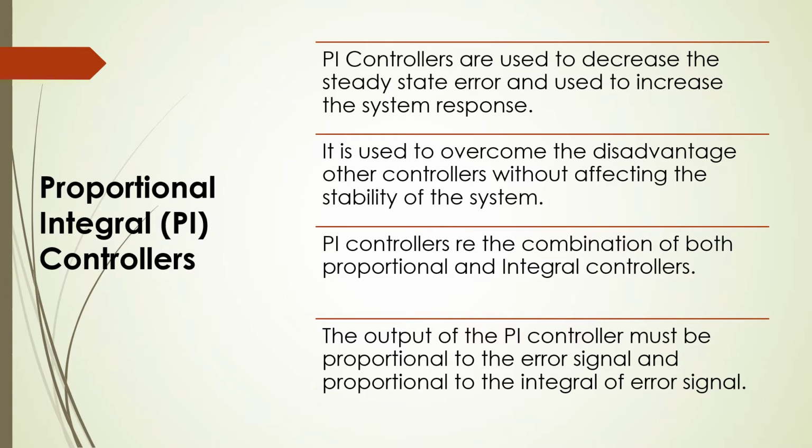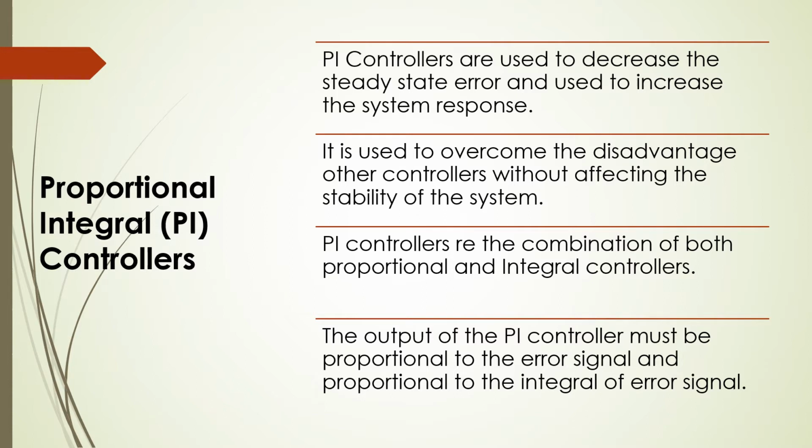PI controllers are used to overcome the disadvantages of other controllers without affecting the stability of the system. So without affecting the stability of the system, PI controllers can decrease the steady state error. PI controllers are the combination of both proportional and integral controllers.